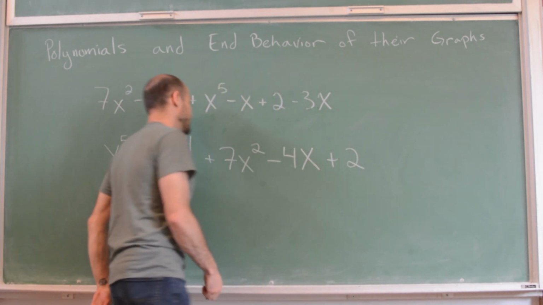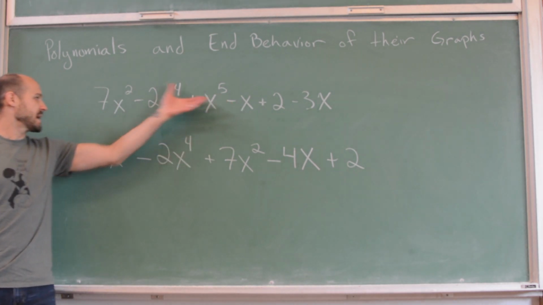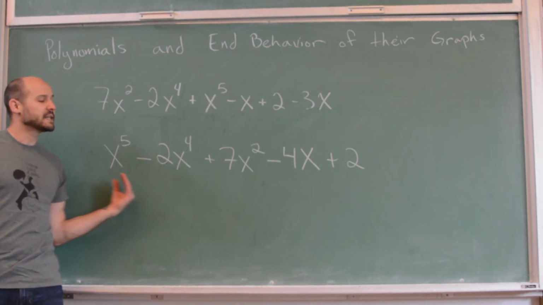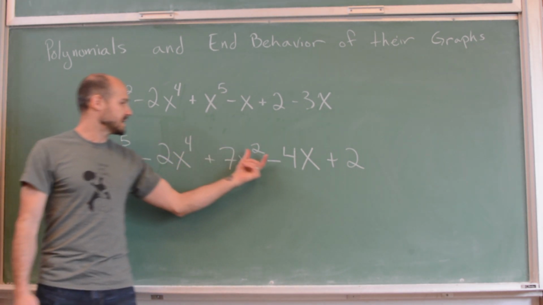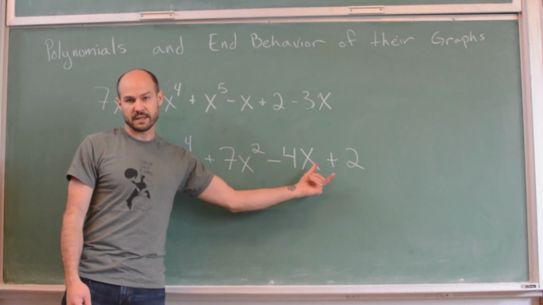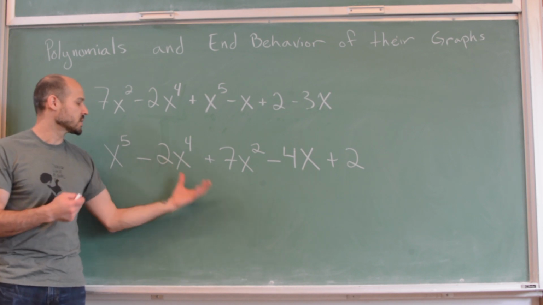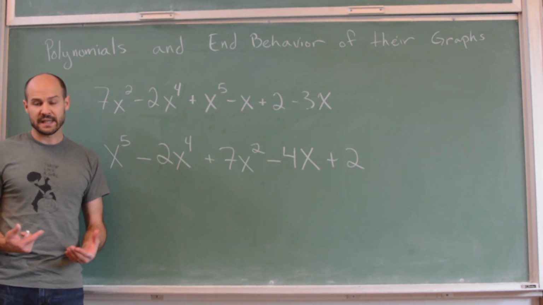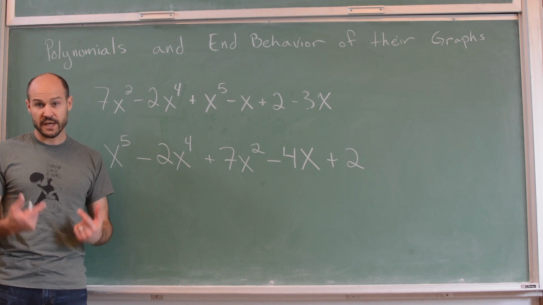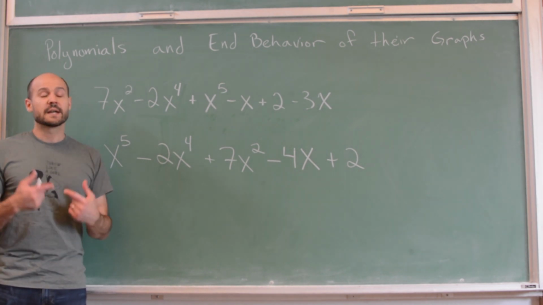So the first step of this process is recognizing we have a polynomial and putting it into standard form where the exponents of our terms decrease from left to right. This allows us to understand what's going on here. And by understand, I mean we get to classify it. So here's where we classify it.